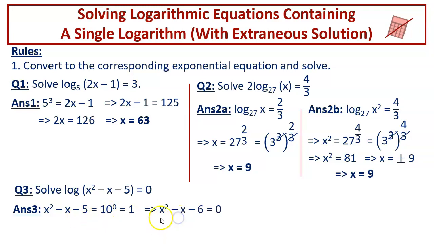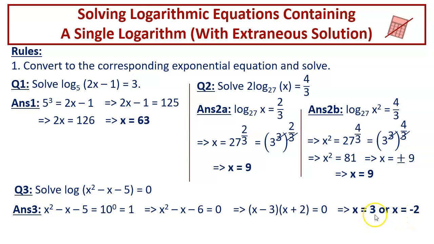So it will be x squared minus x minus 6 is equal to 0. Then we may factorize this expression on the left hand side and it becomes x minus 3 times x plus 2 equal to 0. From where we get the x values as x equals positive 3 or x equals negative 2. Again we are having multiple values of x, but can we take both the values? We have to check.